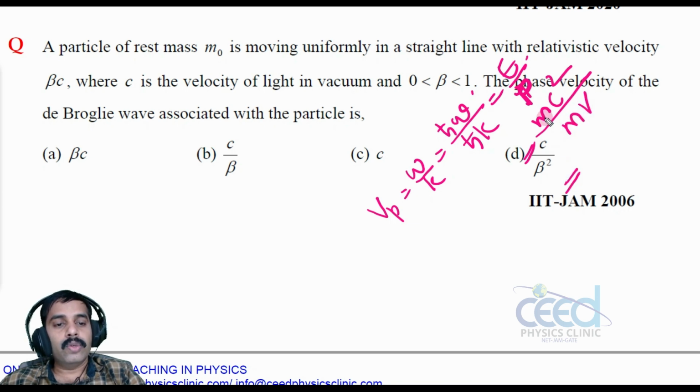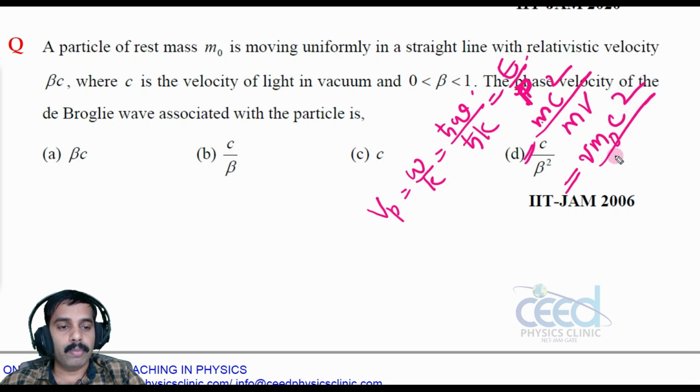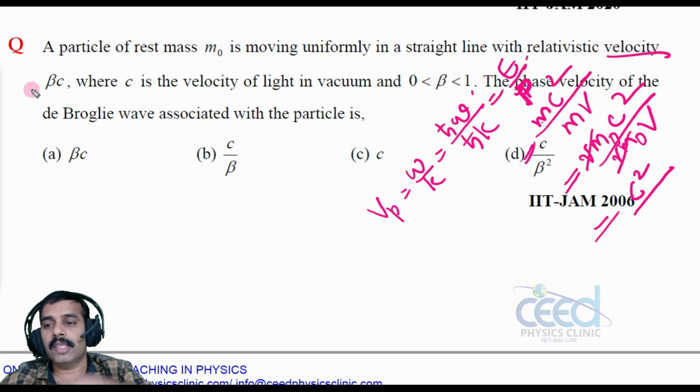Now look into this. What is m? For m0 the rest mass, m is gamma m0. So let me write gamma m0 c squared divided by gamma m0 v. When you cancel this, what I can say is c squared divided by v, and the velocity v is given as beta c.